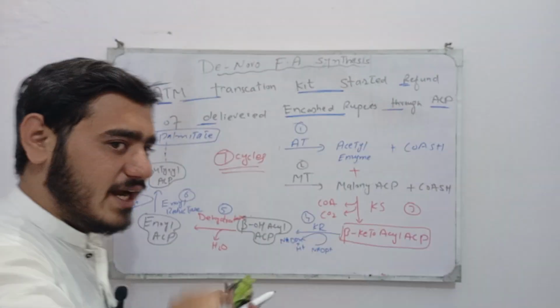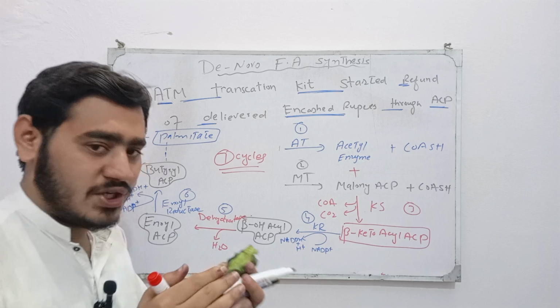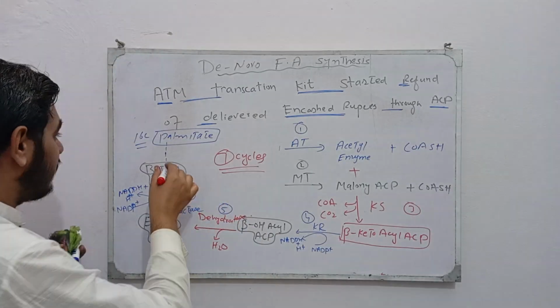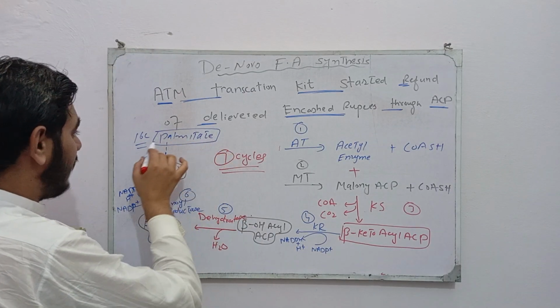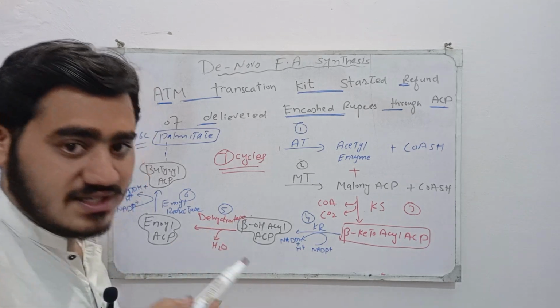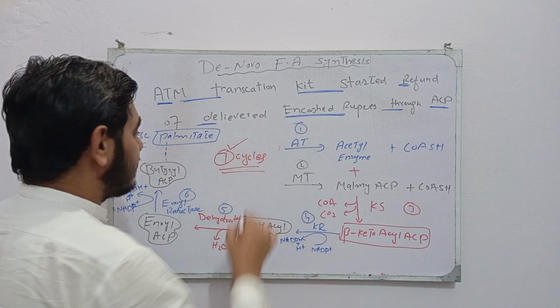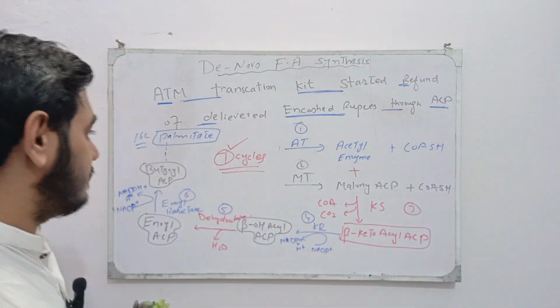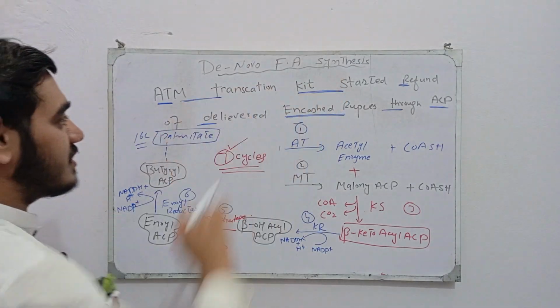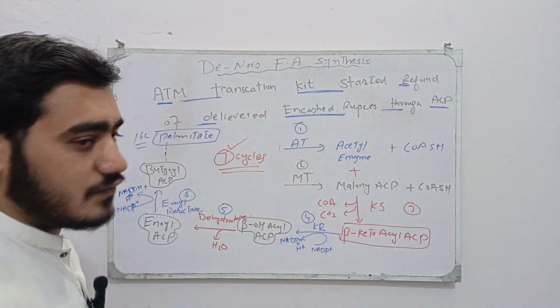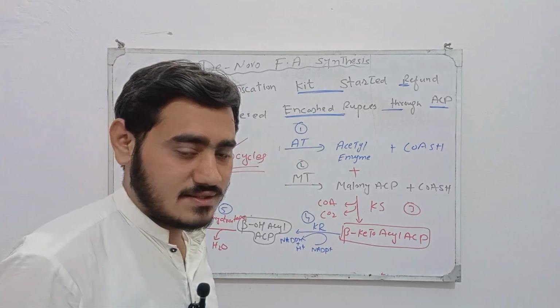The third, fourth, fifth, sixth steps are repeated again and again, 6 cycles, and ultimately it is converted into palmitic acid or palmitate, a 16-carbon fatty acid. In this way, there are a total of 7 cycles. And there is a mnemonic to understand the pathway of fatty acid synthesis.